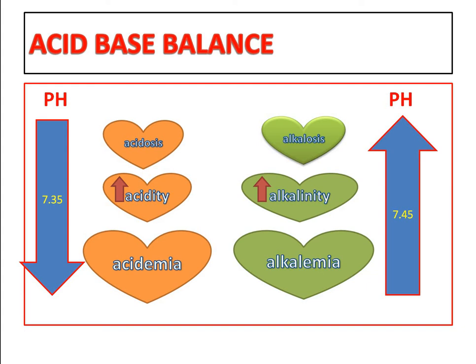When the pH goes above 7.45, increased pH, that is known as alkalemia. So the concepts acidemia, alkalemia, acidosis, alkalosis, and also the pH and its inverse relationship with hydrogen ion concentration, you have to remember.